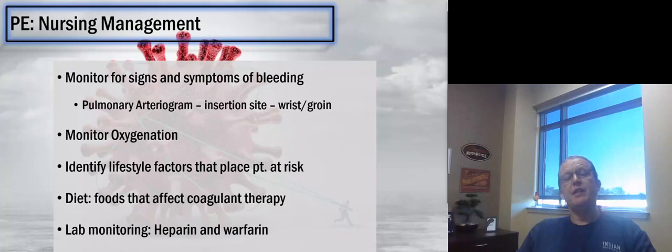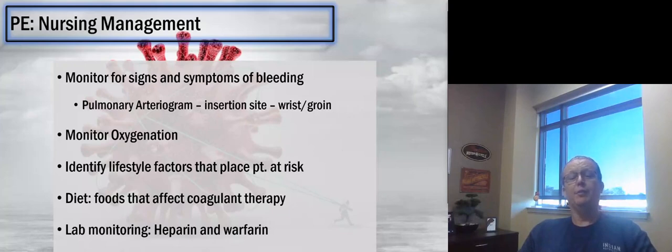We have to identify things in the diet that can affect coagulant therapy. So for these patients, we need to find out if this patient eats just a ton of leafy greens and they're developing DVTs. We may have to discuss with them monitoring that, for example, or regulating that.